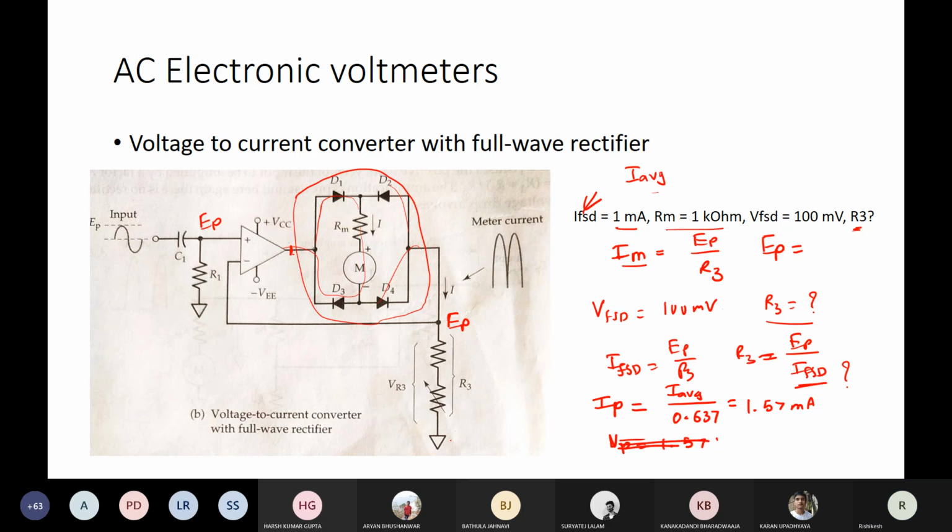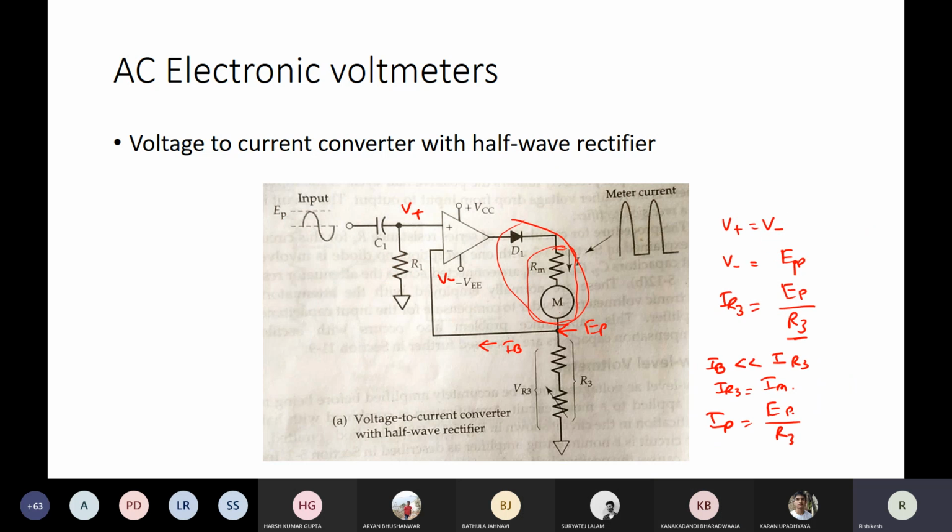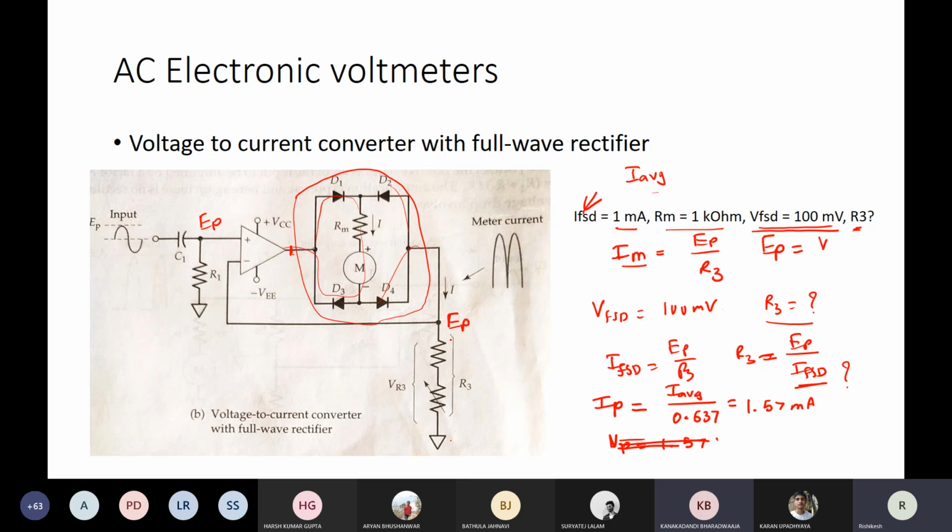The diode voltage will not appear in the calculation, so forget about the diode. It won't appear. So what is V peak?